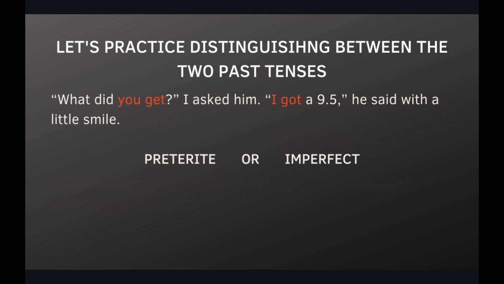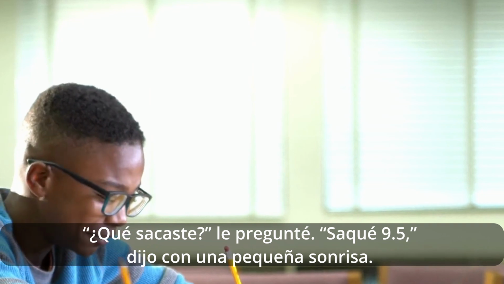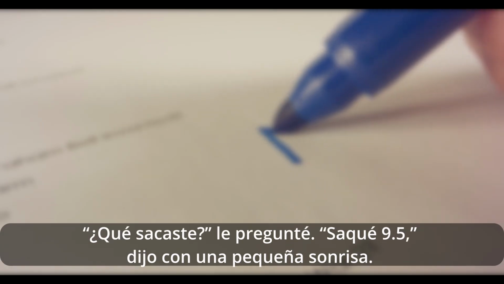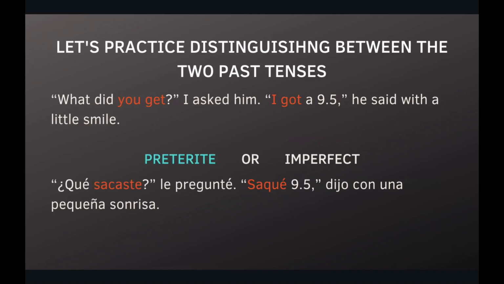What did you get? I asked him. I got a 9.5, he said with a little smile. We've actually already touched on this one. Do you remember? Preterite or imperfect? ¿Qué sacaste? Le pregunté. Saqué 9.5, dijo con una pequeña sonrisa. This is the preterite.